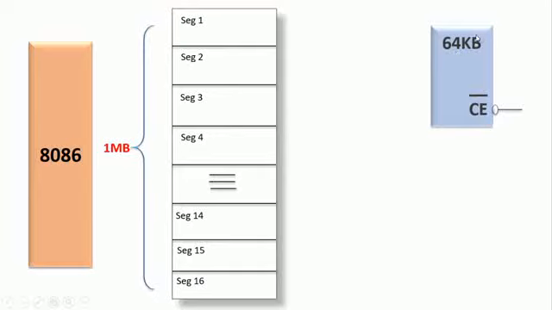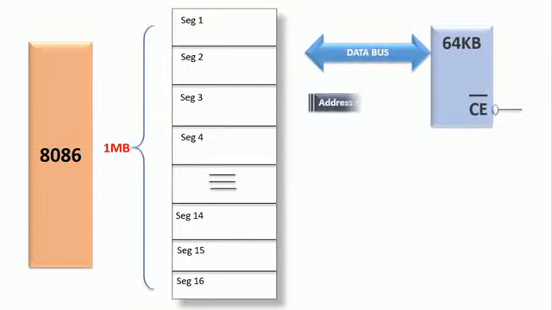In order to access this particular 64 KB memory device, we require 16 address lines, along with the data bus, since each location holds 8-bit information. I am assuming that this data bus as well as the address bus are coming from the microprocessor. Or I can say that this memory device requires two buses: one is the address bus and the other is the data bus.